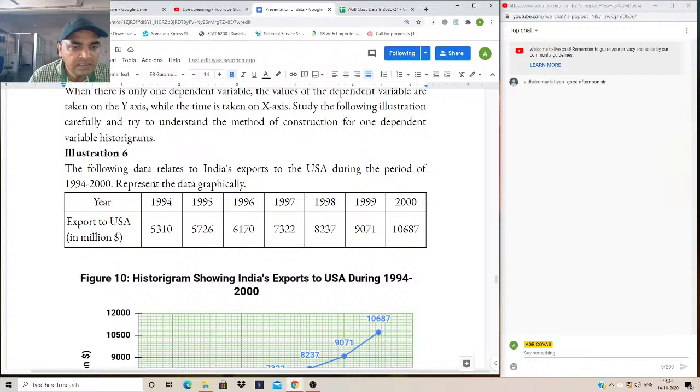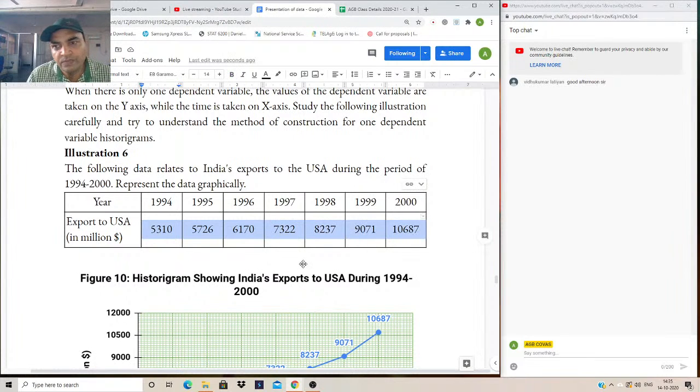The following data relates to India's export to the USA during the period 1994 to 2000. These are the years 1994, 95, 96, 97, 98, 99, 2000, and these are the export values.